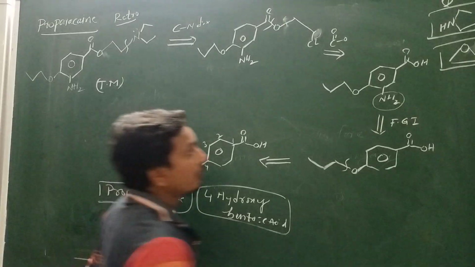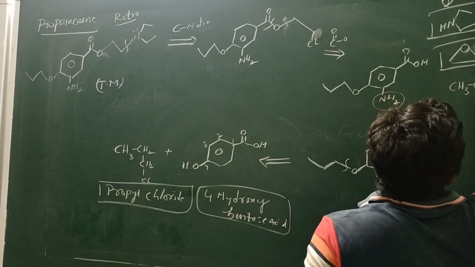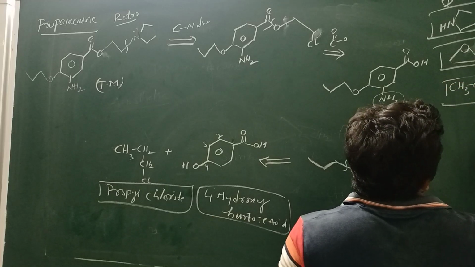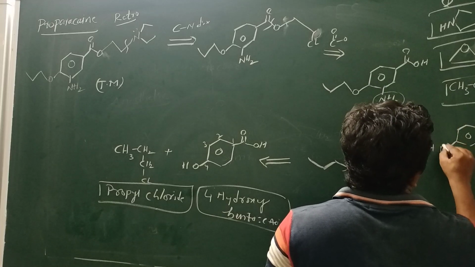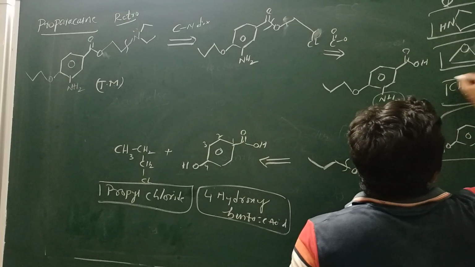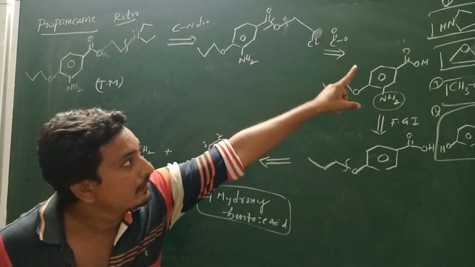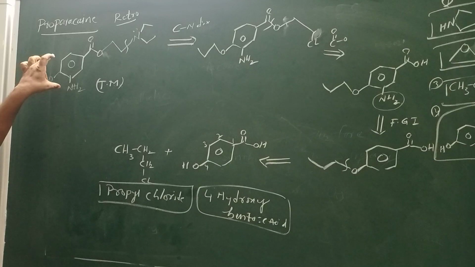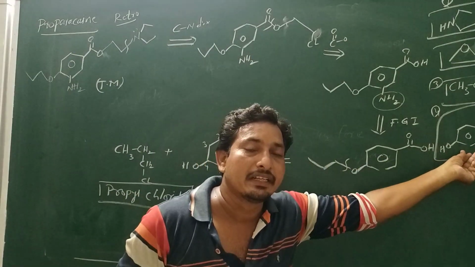So here propyl chloride, CH3CH2CH2Cl, and 4-hydroxy benzoic acid. These four are reactant molecules of this target molecule, and this one is the starting material.